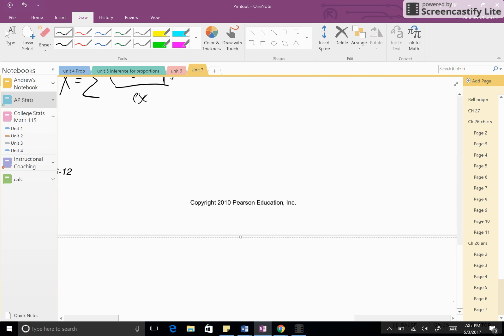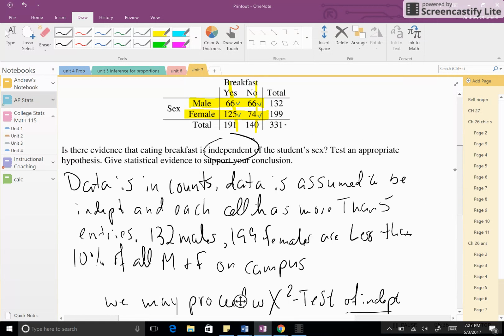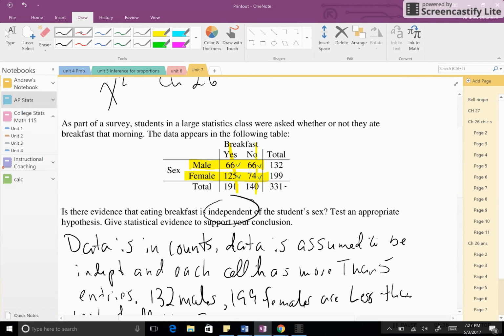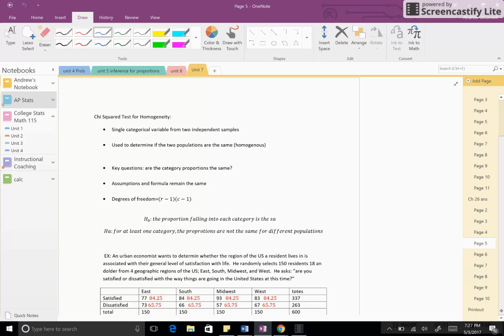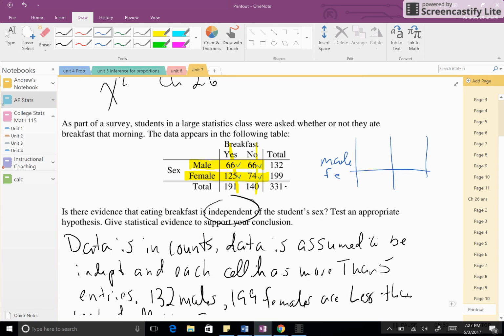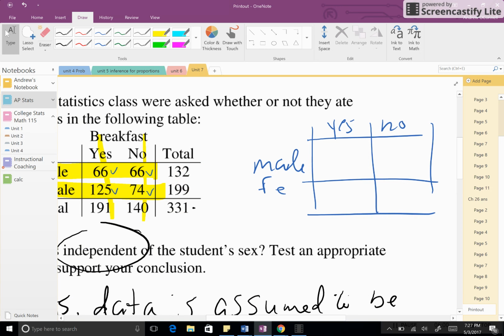I can probably draw it up here. If we make another box, male, female, breakfast yes, breakfast no. What we have to do is look at the totals here.